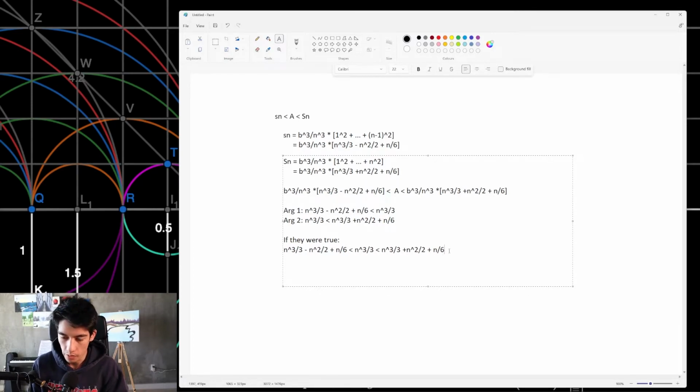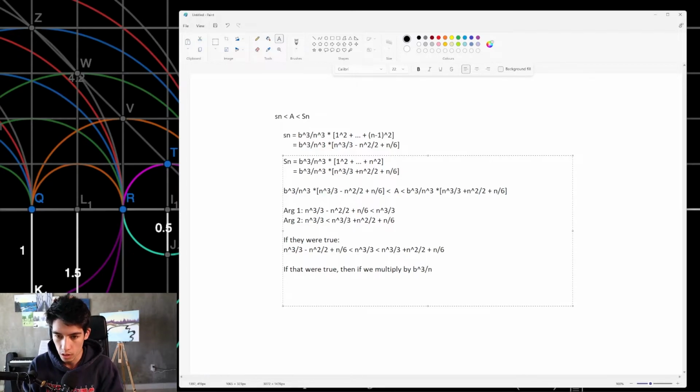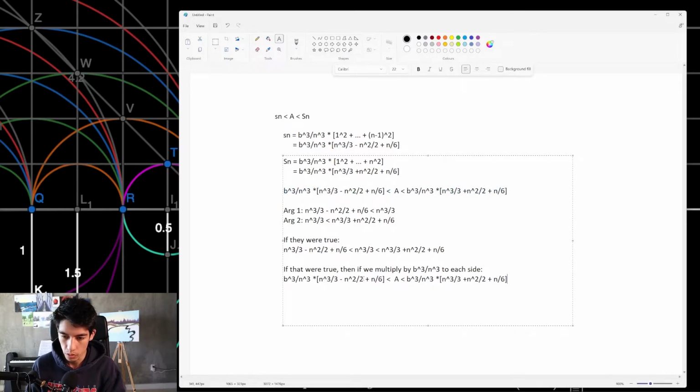And if that were true, then if we multiply by b cubed over n cubed to each side, then rewriting this whole thing, it is smaller than b cubed over n cubed multiplied by n cubed over 3.